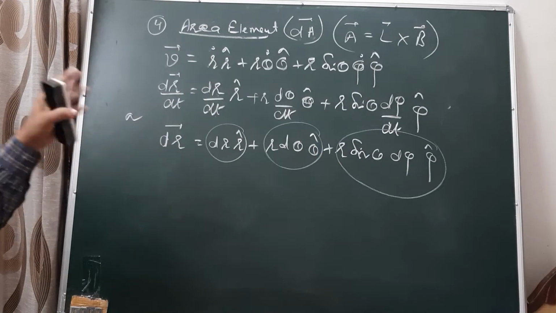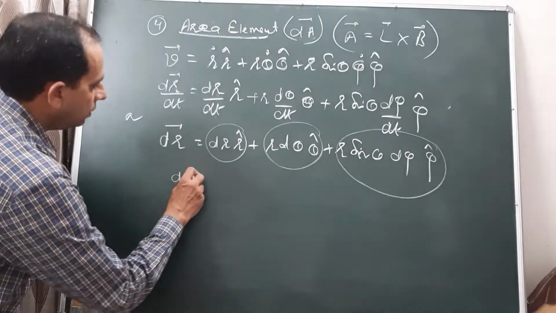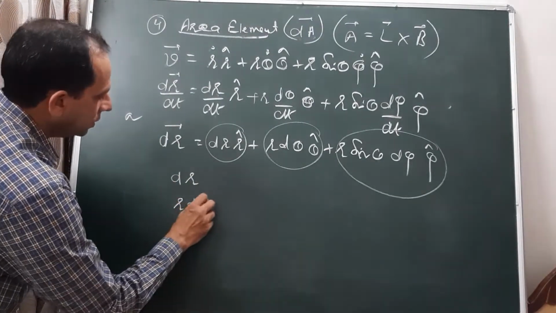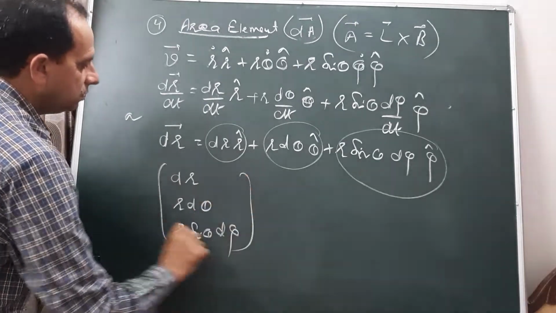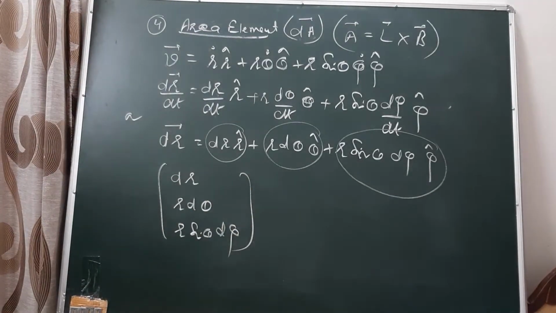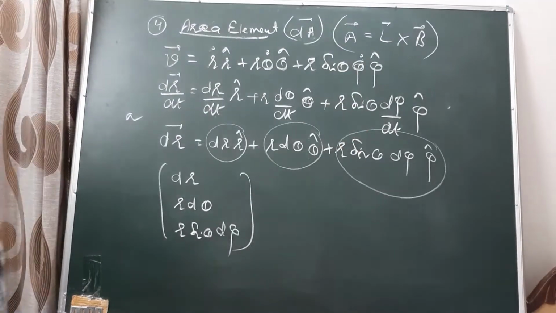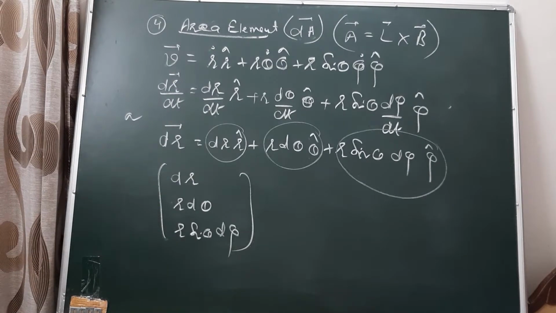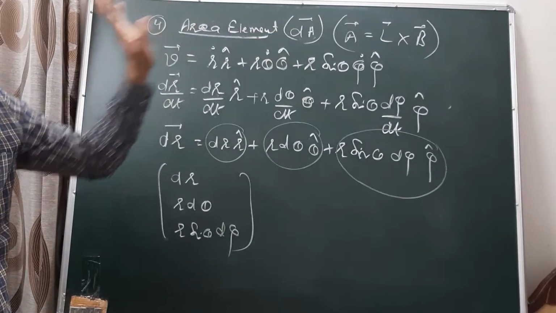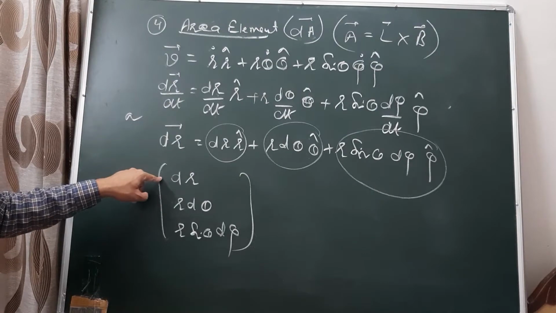So here in spherical polar system, dx means dr. So dr, r d theta and r sin theta d phi, these are three elements along r side, theta side and phi side. But in the calculation of area element, we require only two vectors, either first or second, or second and third, or third or first.